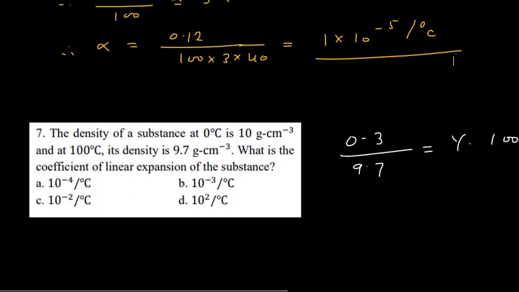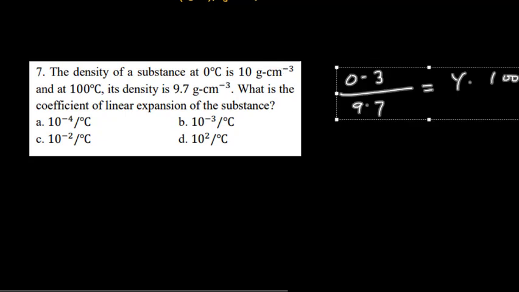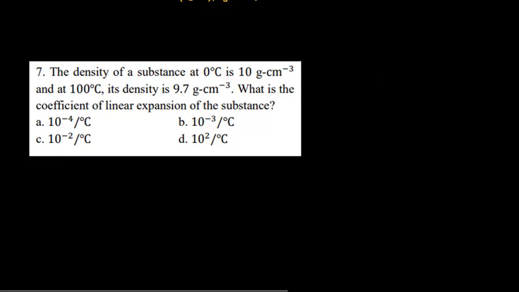Now here, 7th question: the density of a substance at 0 degrees Celsius is 10 gram per centimeter cube, and at 100 degrees Celsius its density is 9.7 gram per centimeter cube. What is the coefficient of linear expansion? Again, what is the relation?